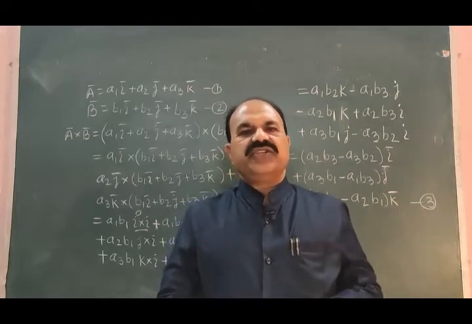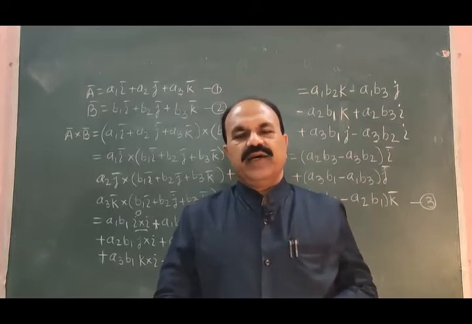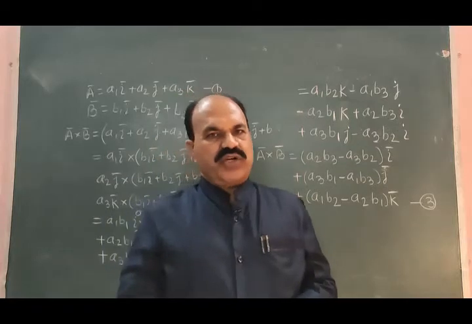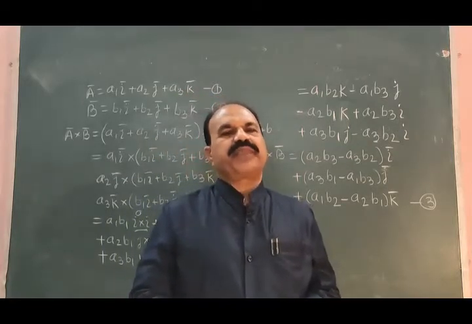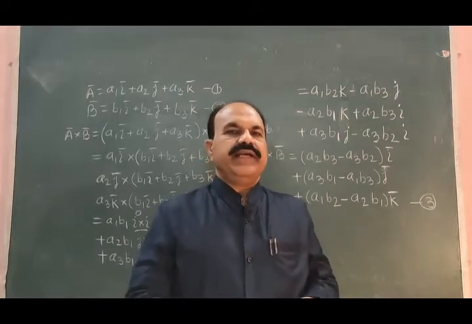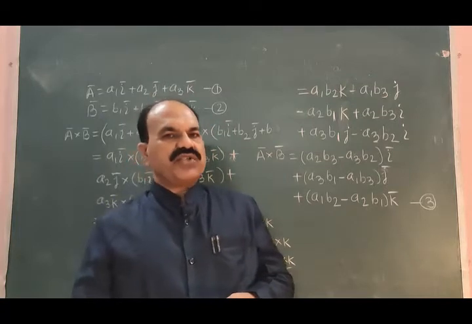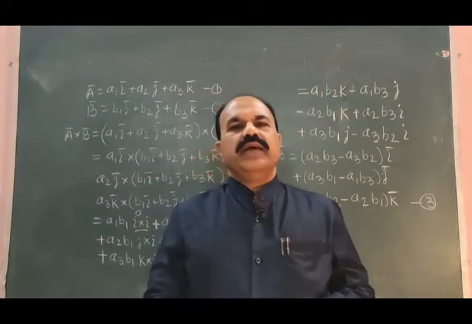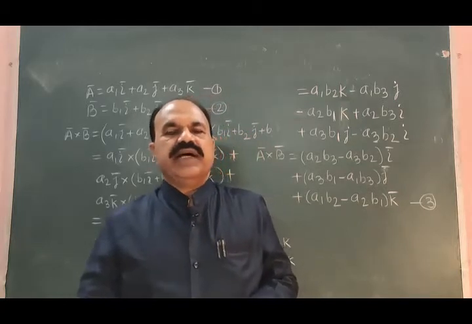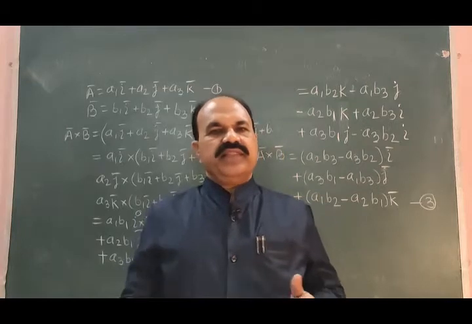In the earlier lecture, we started vector or cross product of two vectors. To have an expression for vector A cross vector B, we have first defined various rules: I cross I, J cross J, K cross K, these are 0.